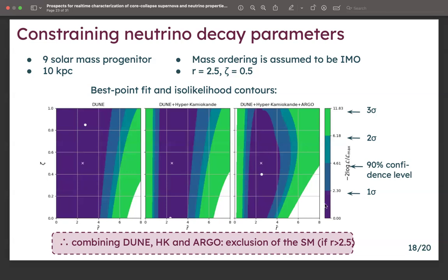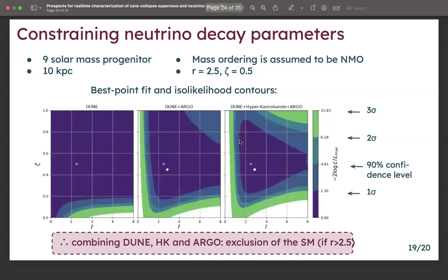So if this was really the true physics scenario, what we could do is exclude the standard model with 3 sigma. When we move to the same plots in the normal mass ordering, this can already be achieved combining DUNE and ARGO alone. And in general, predictions are more accurate in themselves in this case.